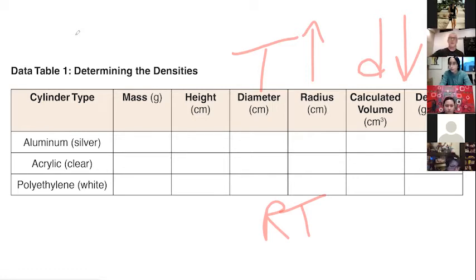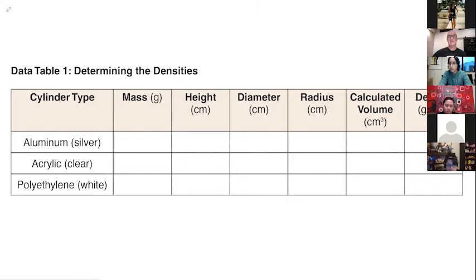So the mass doesn't change, but the volume goes up a little bit, and the density is going to go down. So that is the case. I'm not surprised that you thought it was the other way around, but it's just because ice is weird. Ice has a lot of really cool properties.